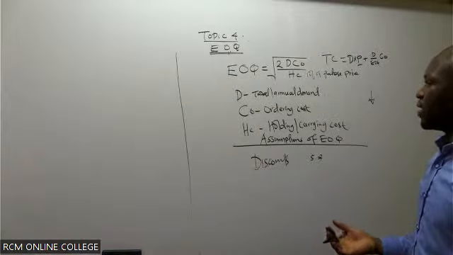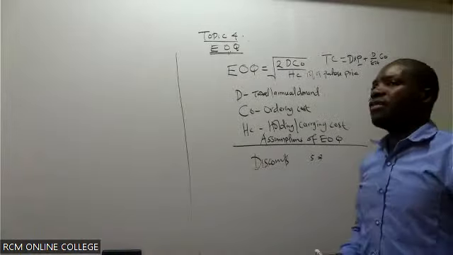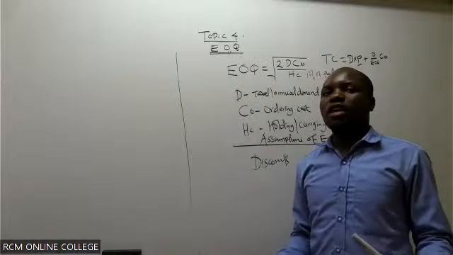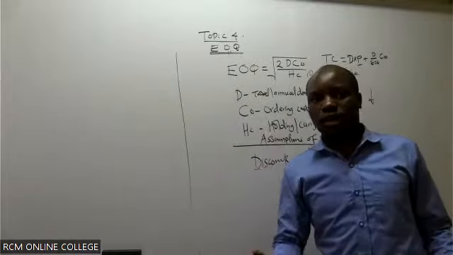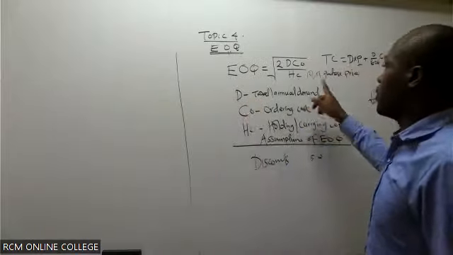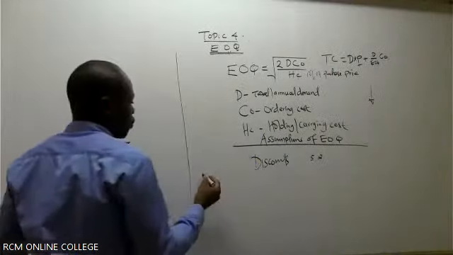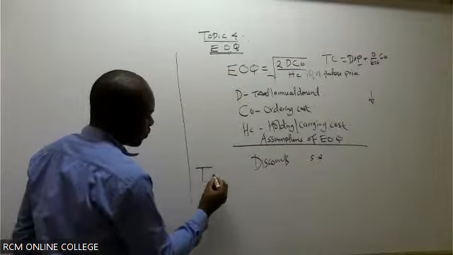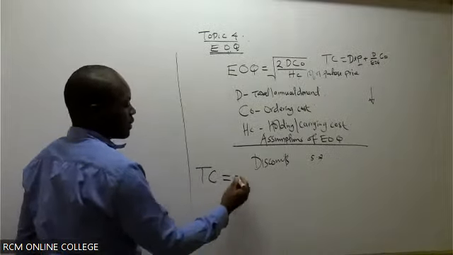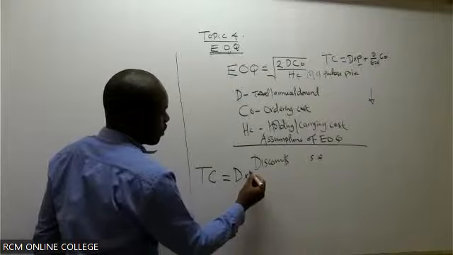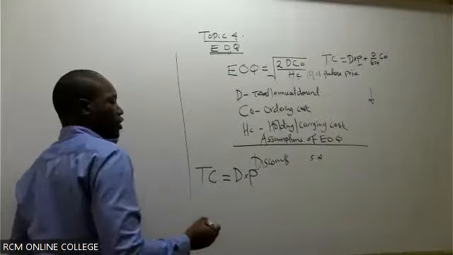Are we able to take care of that? And then at the end of it, advise the company. Are we able to identify the total cost which will be incurred to take care of these particular goods? Keeping in mind that our total cost is calculated as demand multiplied by purchase price, which will not change.